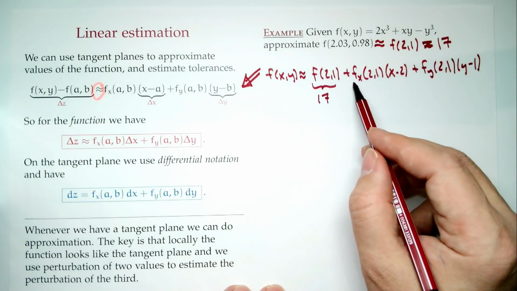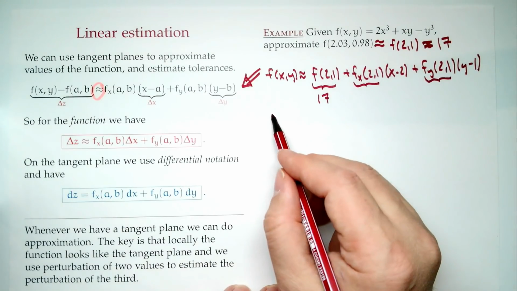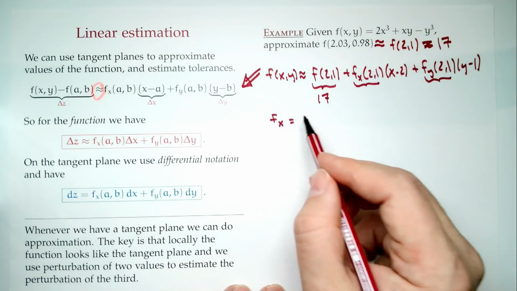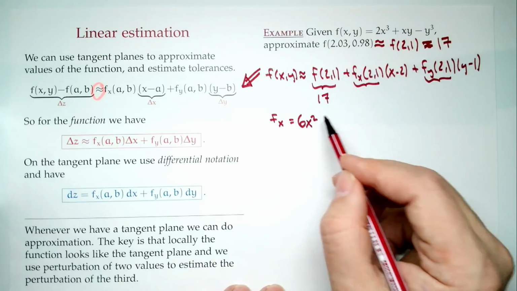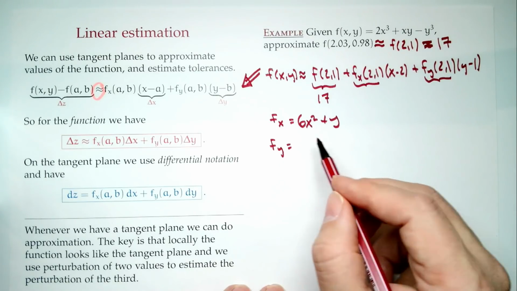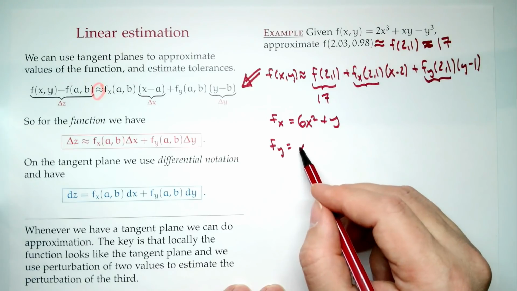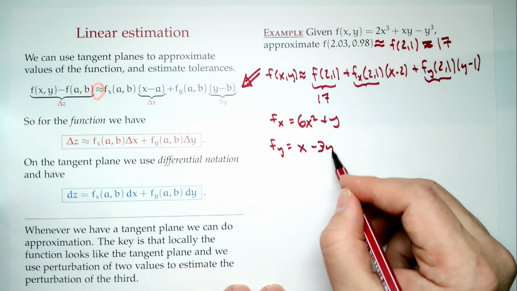Let's try to find some more things, this f sub x at 2, 1 and f sub y at 2, 1. So what is f sub x? 6x squared plus y. F sub y will be x minus 3y squared.